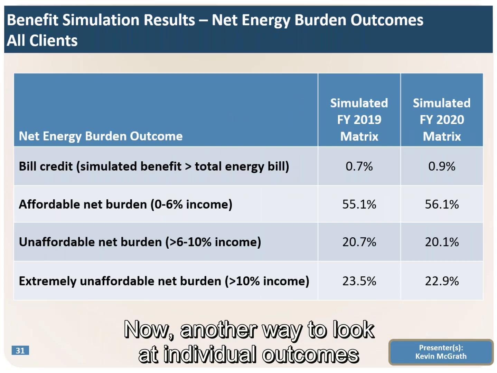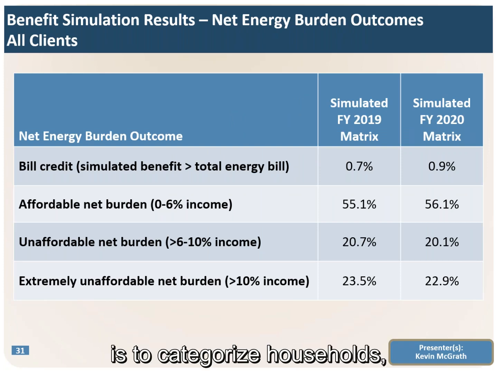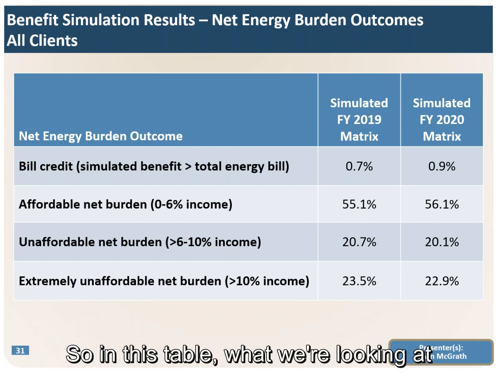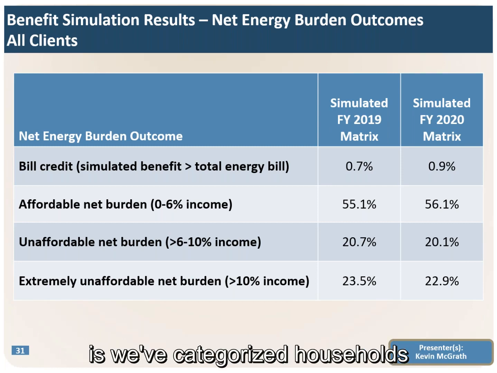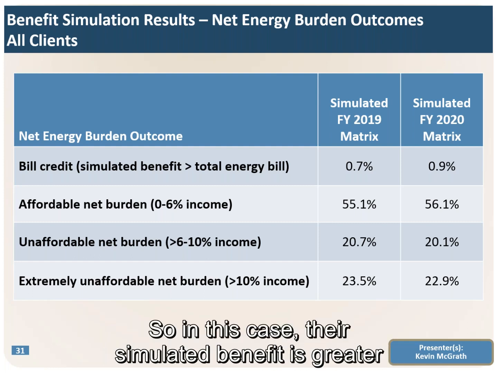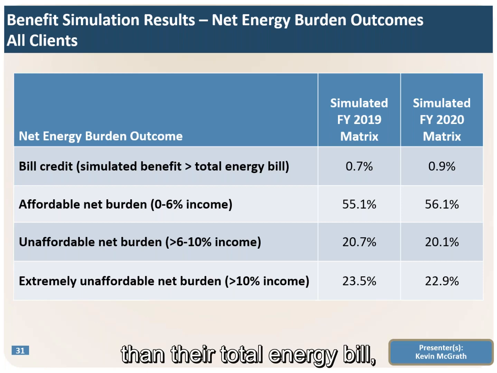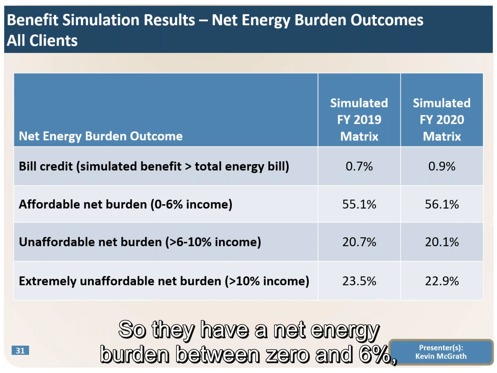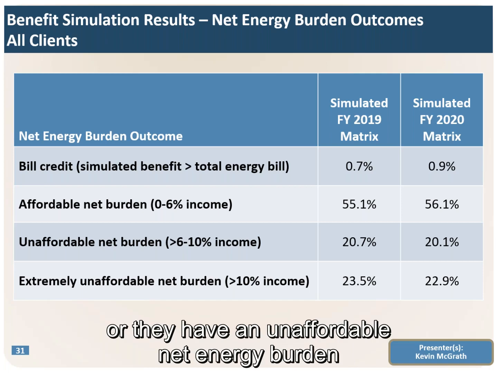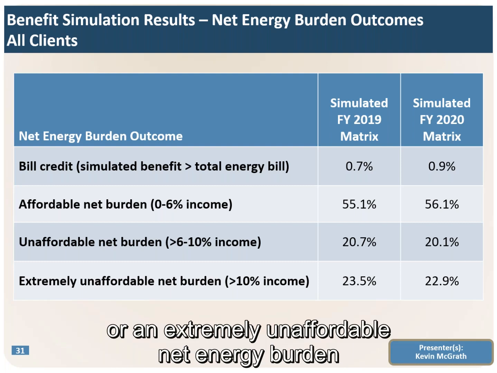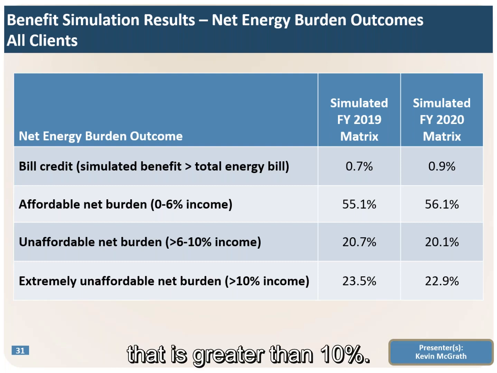Now, another way to look at individual outcomes is to categorize households according to whether they have an affordable or unaffordable net energy burden. So in this table, we've categorized households as either receiving a bill credit, in this case their simulated benefit is greater than their total energy bill, or they have an affordable net energy burden, between 0 and 6%. Or they have an unaffordable net energy burden that's greater than 6% but less than 10%, or an extremely unaffordable net energy burden that is greater than 10%.